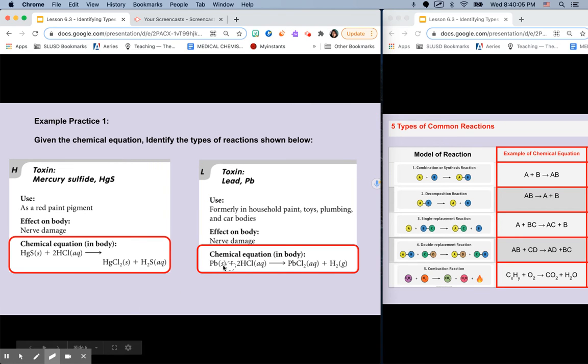Okay, let's look at these slightly more complicated ones. So here I have Pb. Again, I'm just focusing on the molecule, or in this case, the element, because there's only one element, plus HCl is combined, right? And then Pb is no longer single after this.